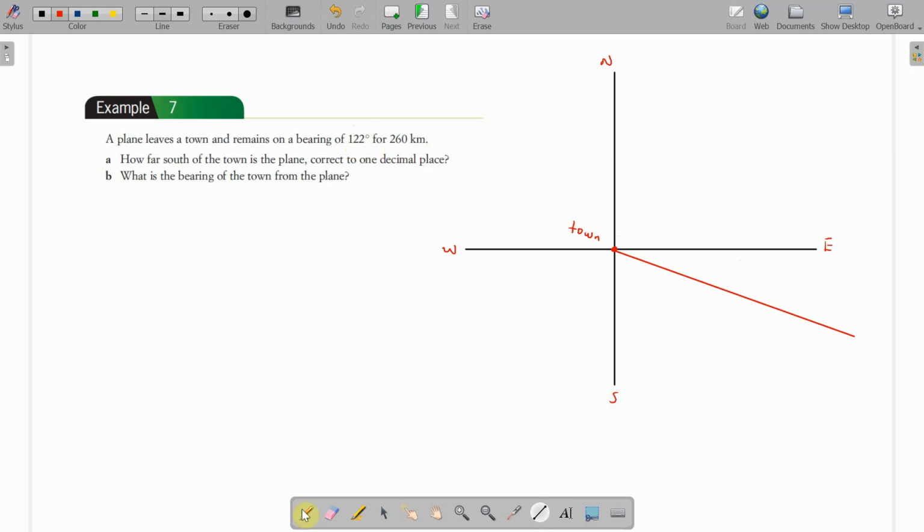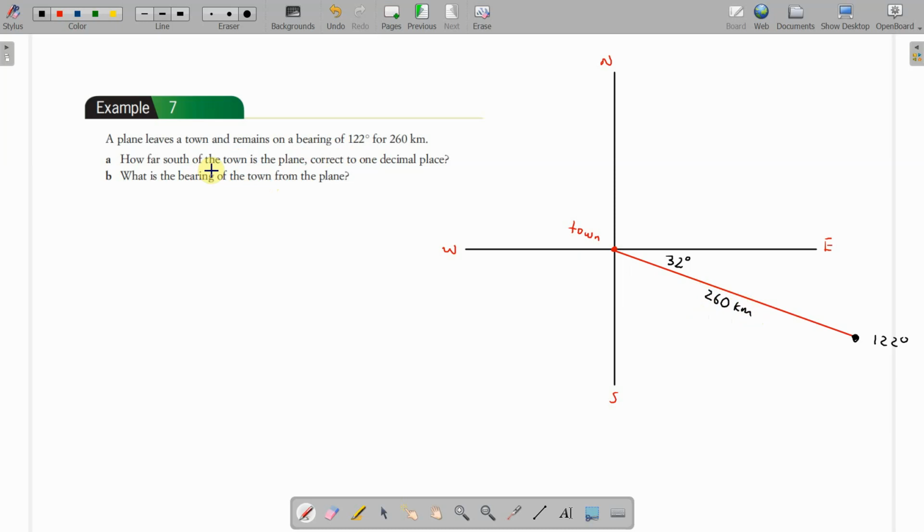There's our plane, a little black dot. The angle between east and the plane direction is 32, because a bearing of 90 plus another 32 takes us to 122. And this red line has a distance of 260 kilometres. Okay, so that's the drawing.